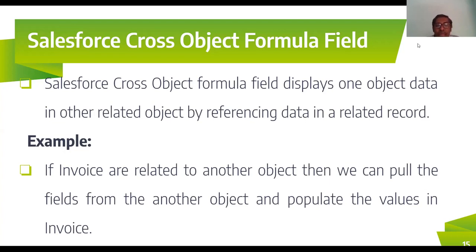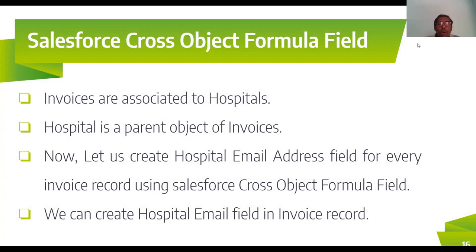So the example is that if invoices are related to another object, then we can pull a field from the other object and populate the values in the invoice. We are going to pull the field from the specific object and populate it into our invoices. Invoices are associated to hospital.